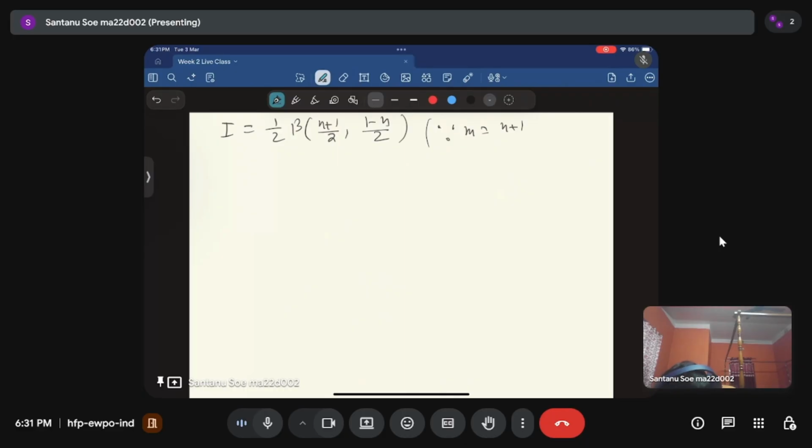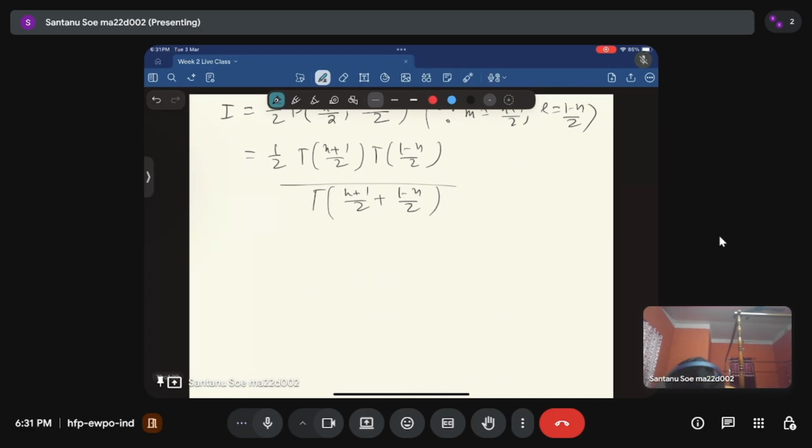So now we can evaluate this using the formula of the gamma function, which is gamma of (n plus 1) by 2, gamma of (1 minus n) by 2, divided by gamma of (n plus 1) by 2 plus (1 minus n) by 2.